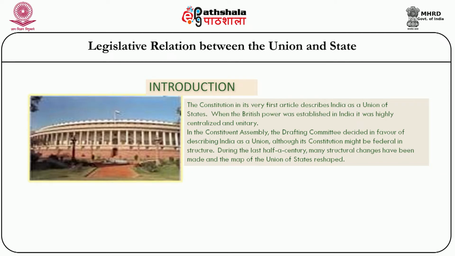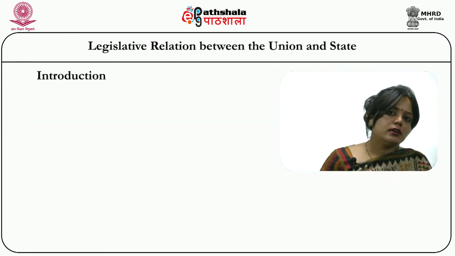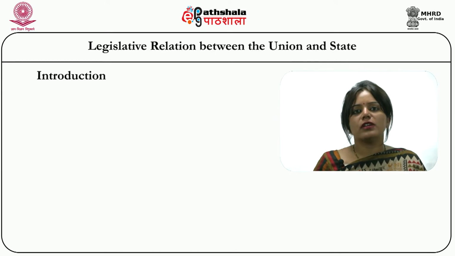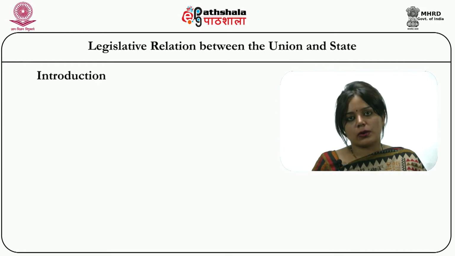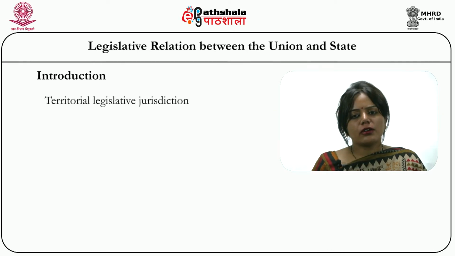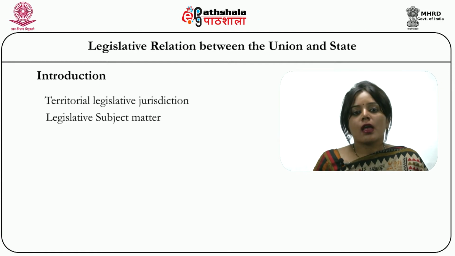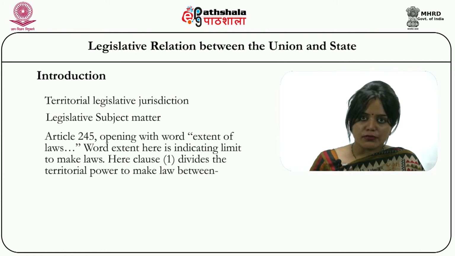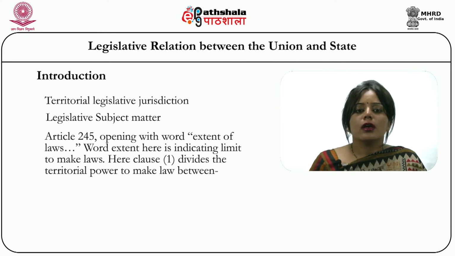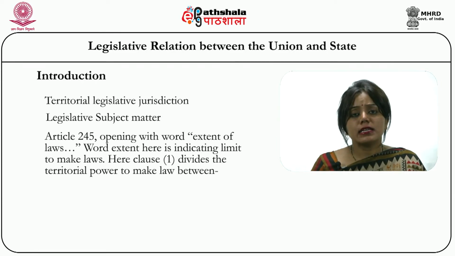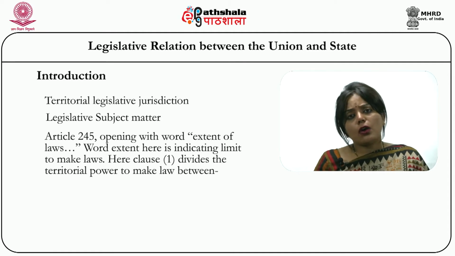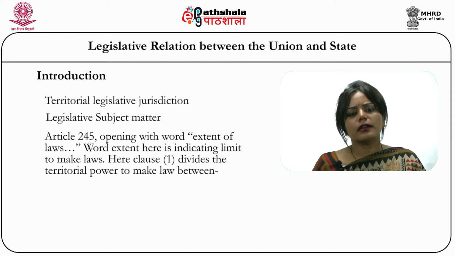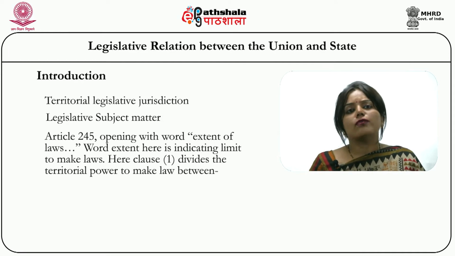During the last half century, many structural changes have been made and the map of the union of states has been reshaped. So students, here I will discuss the distribution of legislative power, which is based on territorial and legislative subject matter. Article 245 of the Indian Constitution talks about territorial legislative jurisdiction, and the opening words of this article are extent of laws.